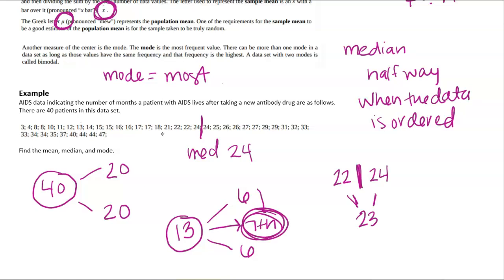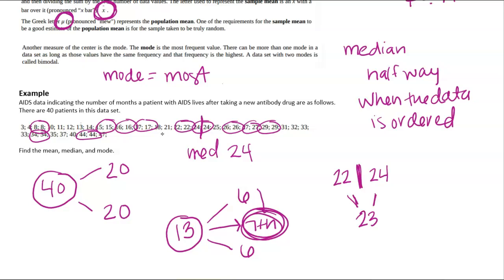All right, let's also talk about the mode. There are lots of doubles in this data set: 8, 15 and 16 and 17, 22 and 24, 26 and 27, 29, 34, and 44.